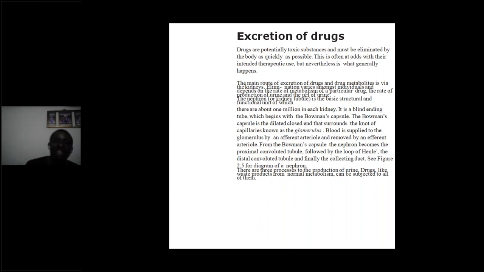From that urine, the drug molecules would be extracted, filtered, cleansed, and the active metabolite extracted and used to produce more penicillin. So excretion takes place mainly through the kidney.